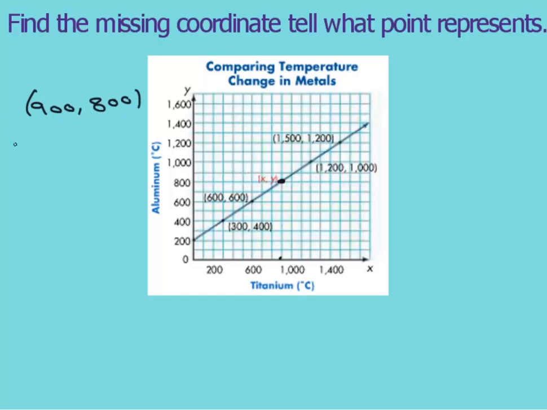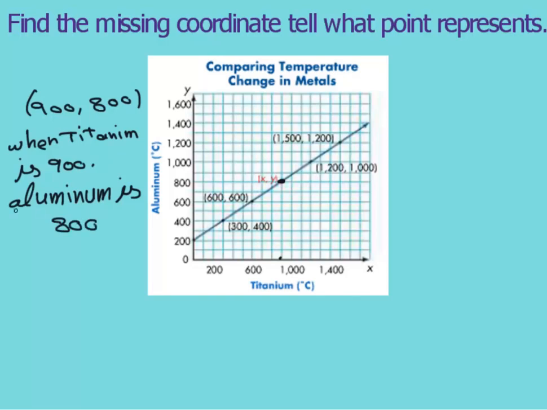I will write this: when the titanium is 900, aluminum is 800 syllables.